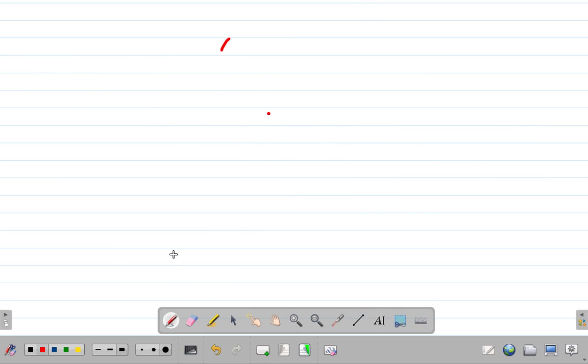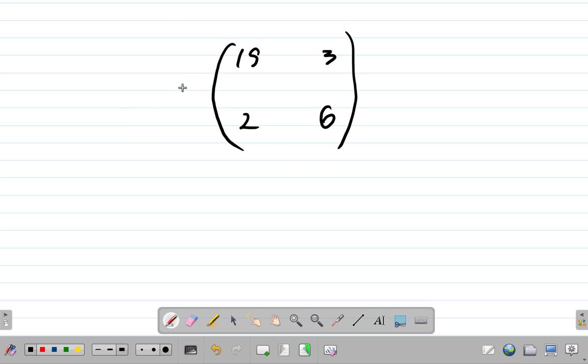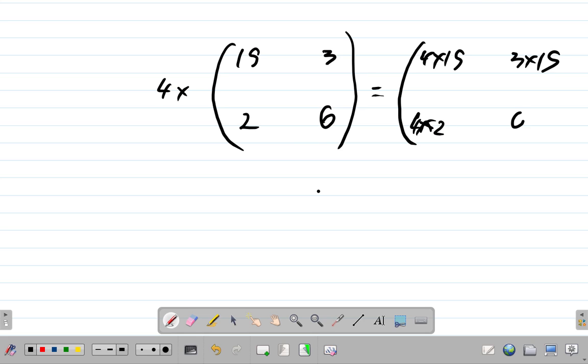Here we have our matrix 15, 3, 2, 6, and that is multiplied by 4. 4 multiplied by this. What you will get is 4 times 15, then 4 times 3, then after that 4 times 2 and 4 times 6.